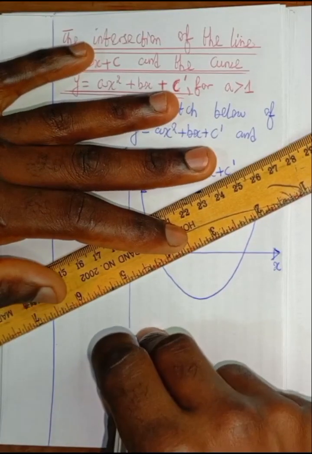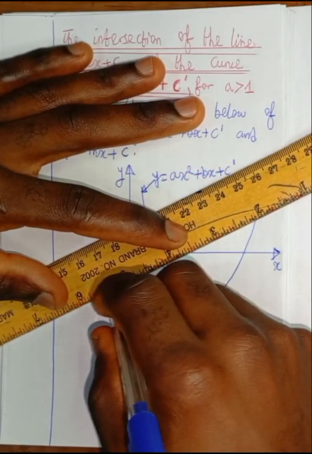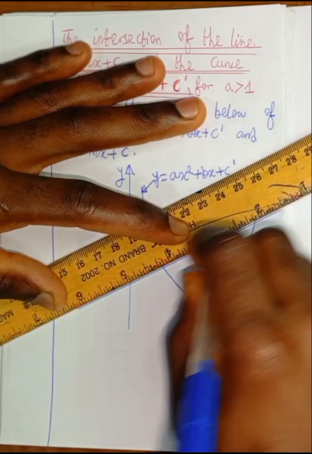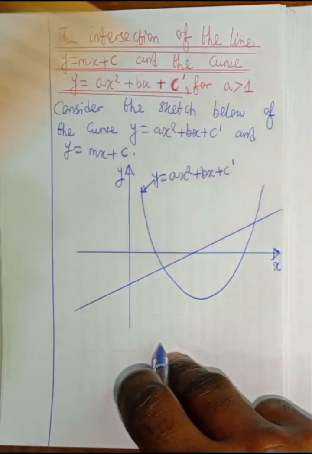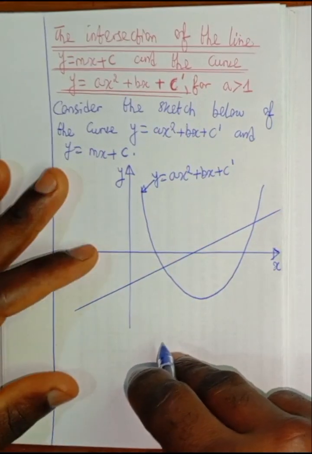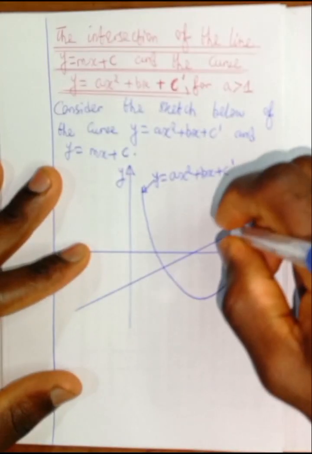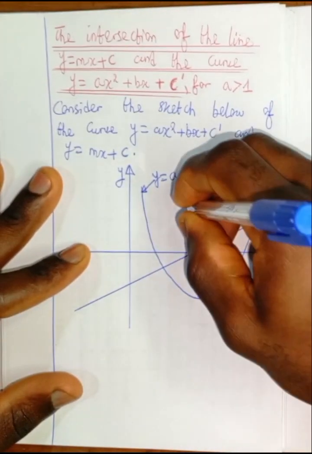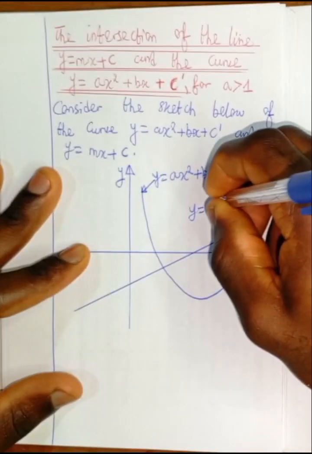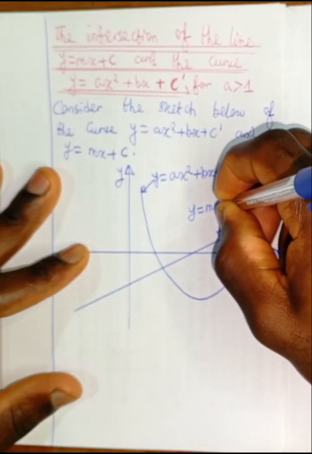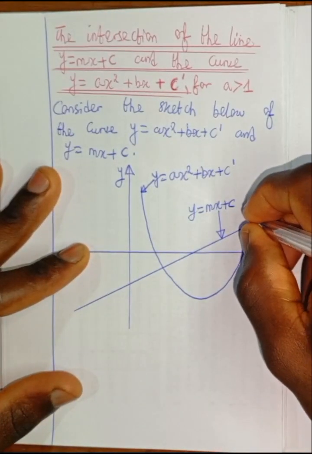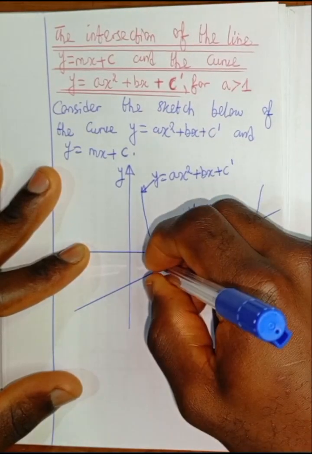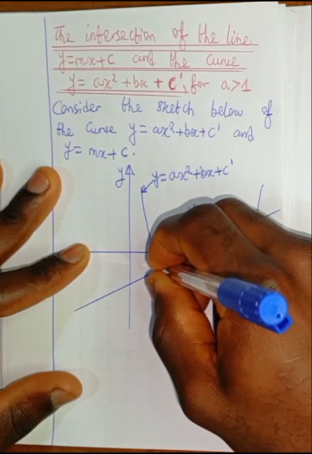Let's assume this is our straight line, the line y equal to mx plus c. And these are the points where the line and the curve meet. They meet here.